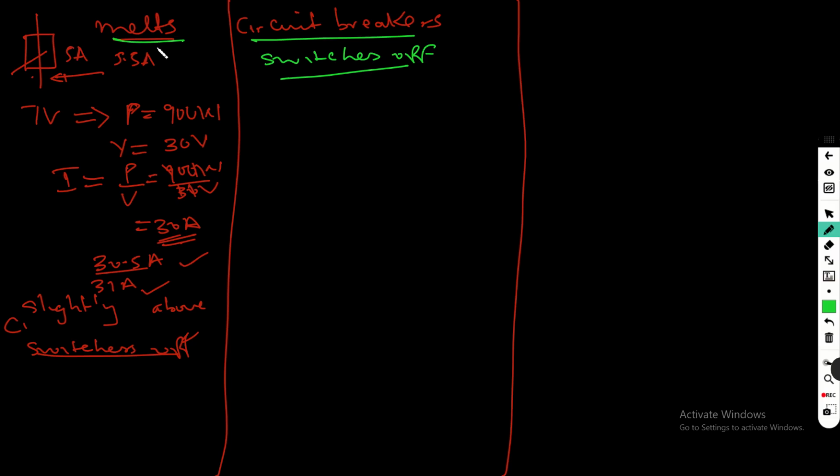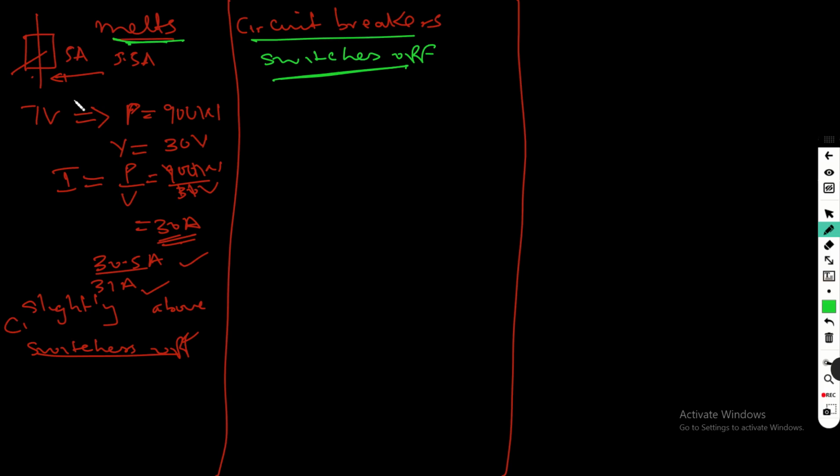And when the current is more than normal, they all have the same function, but different ways of operation. So the difference between a circuit breaker and a fuse is that this one switches off and cuts off the circuit, but this one melts and cuts off the circuit.